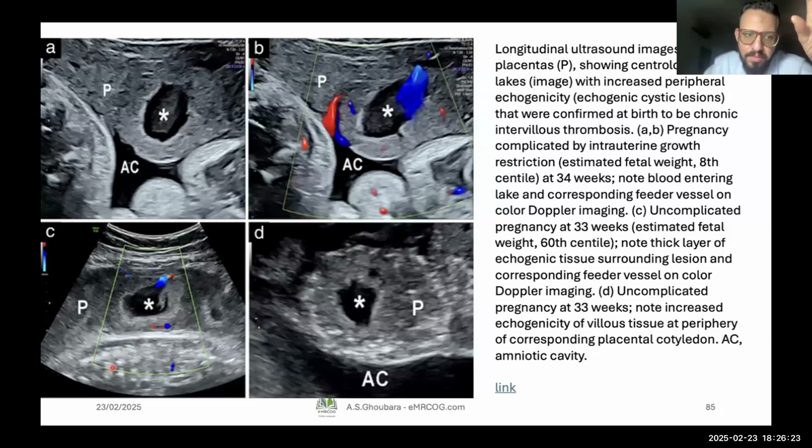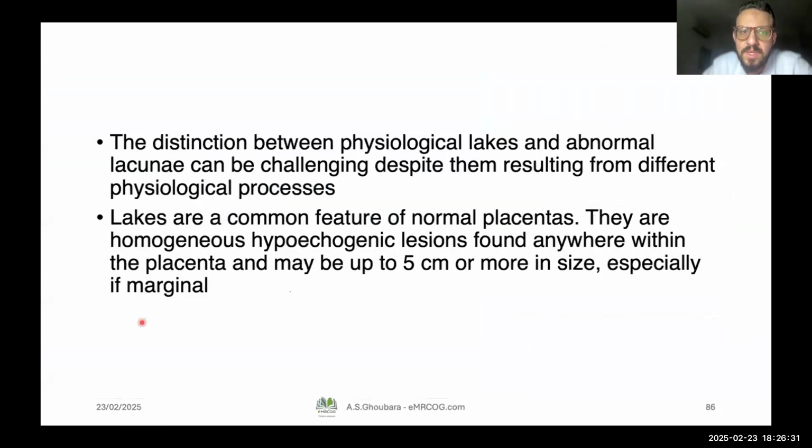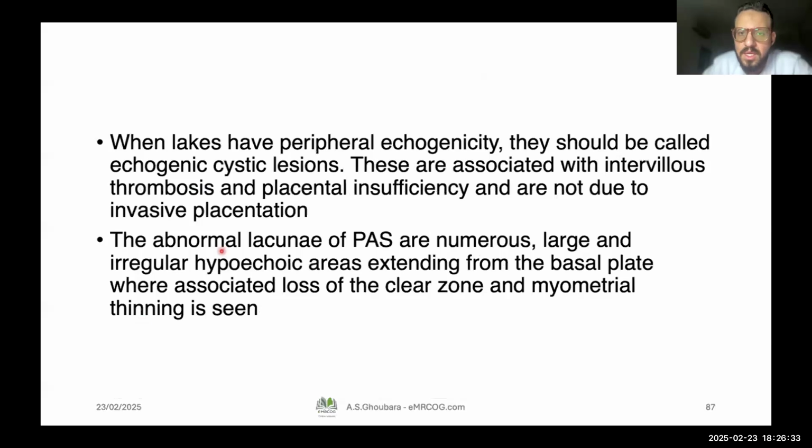This is why it starts with thrombosis, a white line around the lacunae, then later deposition of calcium. The intervillous spaces get thrombosis. This is normal placental aging. Then later on calcium deposition. So if you see this white contour around the lakes, this is a reassuring sign that this is a lake, not lacunae. It's called echogenic cystic lesion. It is mentioned like 3 or 4 times in this TOG article.